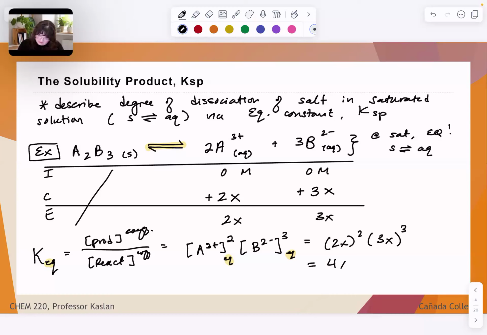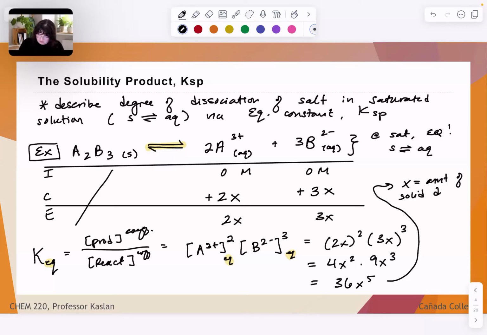And this would be 4x squared times 9x cubed, or 36x to the 5th, where x is equal to that amount of our solid dissolved, right? The change from our solid into its ionic phase.